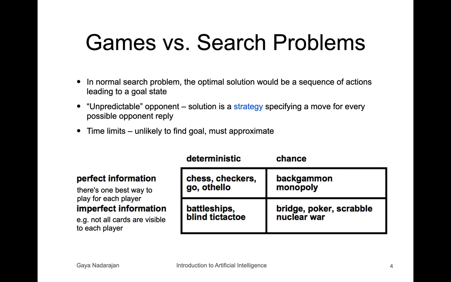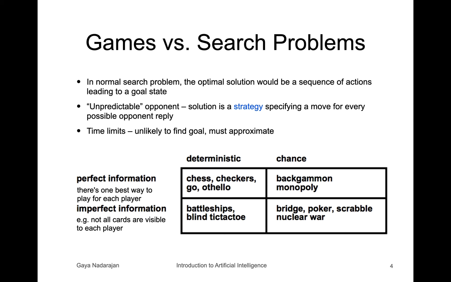So looking at games and search, I think I've already spoken about this just now. In a normal search problem, the optimal solution would be a sequence of actions leading to a goal state, right? So you have a goal state, and you're just trying to get to this goal state.